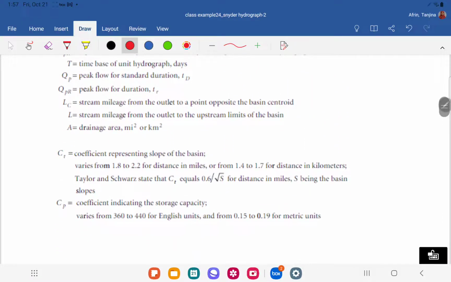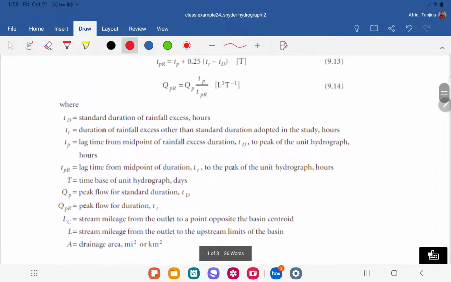Then we have CT and CP. CT is 0.16, sorry, this one is 1.6, and CP is 0.16. Okay, so that's what we know.